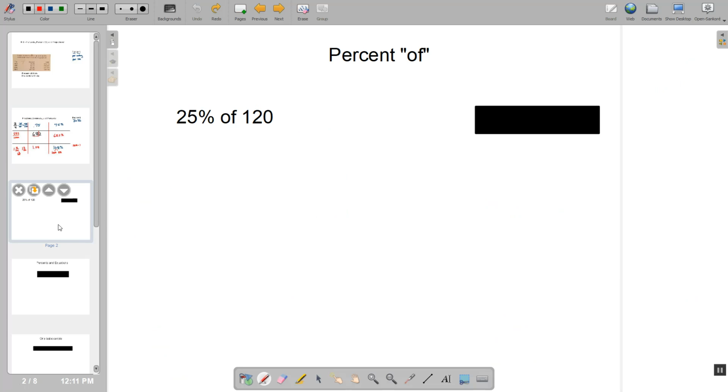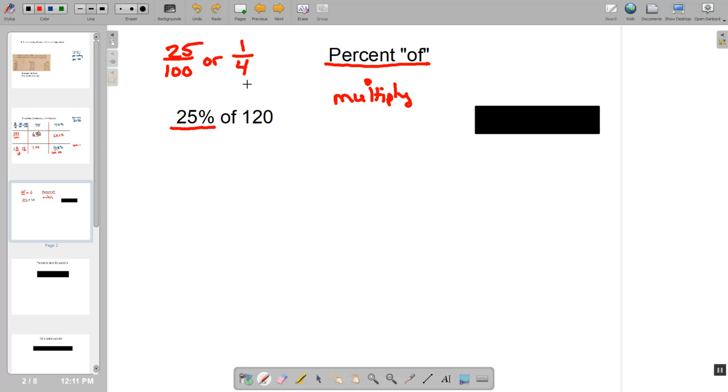The reason why we do those conversions is to help us solve percent of. And when you see percent of, the operation that you'll be doing is multiplication. Now, you can multiply as a decimal or you can multiply as a fraction, but you are going to be multiplying the whole number times the percentage. So for 25%, I hope you know that 25% is equal to the fraction 25 hundredths or the fraction 1/4.